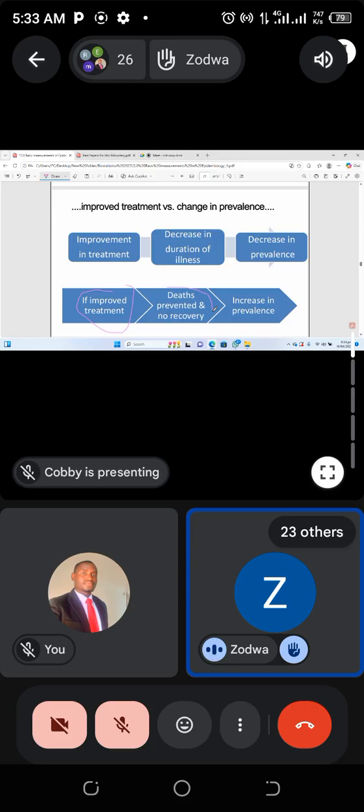So there is no exit by death, no exit by recovery, and no prevention. So the prevalence will still increase because we'll still have these cases. They will not die, and we have not prevented the new cases. So new cases will be coming and the old cases will remain. And so the prevalence will increase.